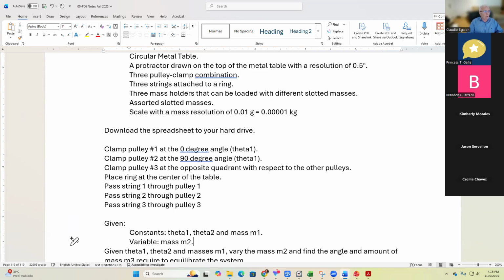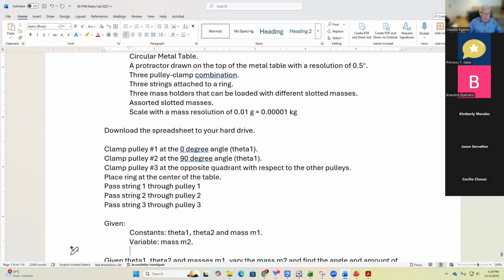We're going to change these masses to change the tension in the string. Note that the masses m1 and m2 are applying a tension in their respective strings.